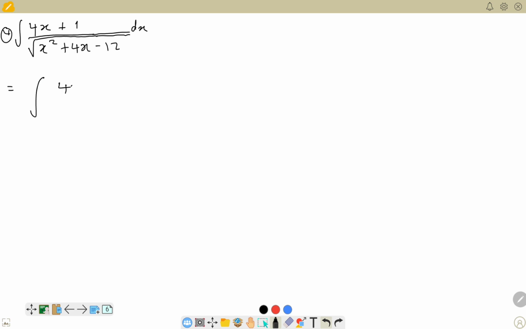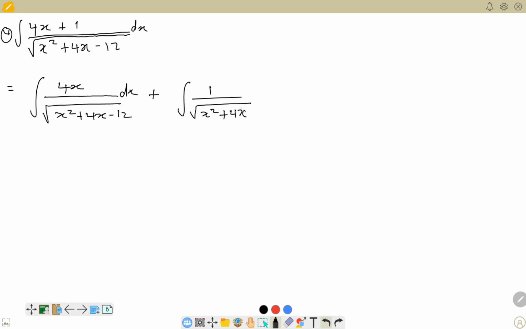If we split it, we'll take the denominator there and divide 4x. So it's going to be x squared plus 4x minus 12. Then plus on the other side is 1. So it's going to be 1 over, then we have dx here, square root of x squared plus 4x minus 12.